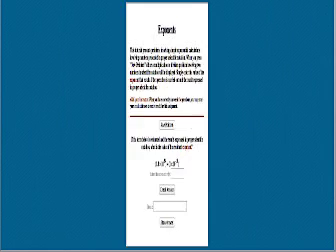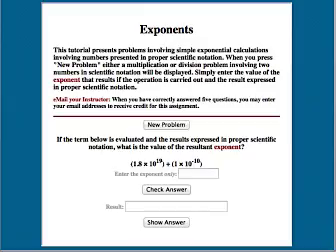Now let's do one more. 1.8 times 10 to the 19 divided by 1 times 10 to the minus 10. Well, it's division, so these are going to subtract, aren't they?